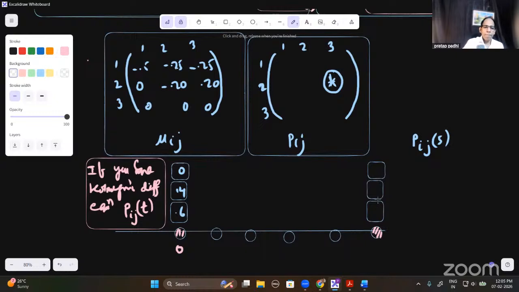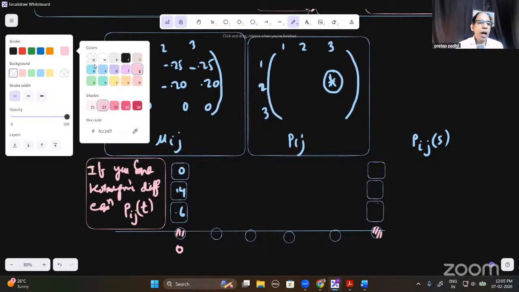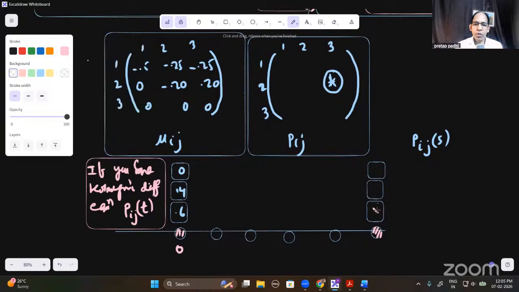Now if you see here, suppose I'm interested in one state, because if I find 2, automatically the third I will get, right? So if I find this one, automatically the others will be known.